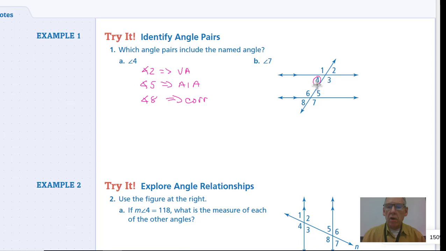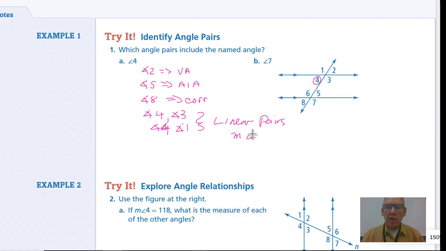So we've got 4 is a vertical angle with 2. 4 and 5 are going to be congruent because those are alternate interior. 4 and 8 are in corresponding positions. And angle 4 and angle 3, and angle 4 and angle 1, are linear pairs, which means they're supplementary.